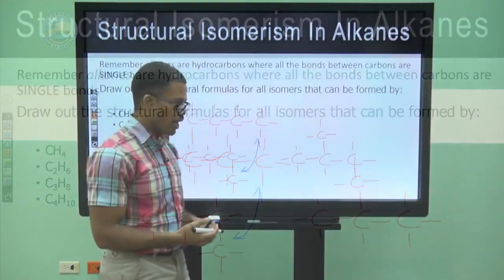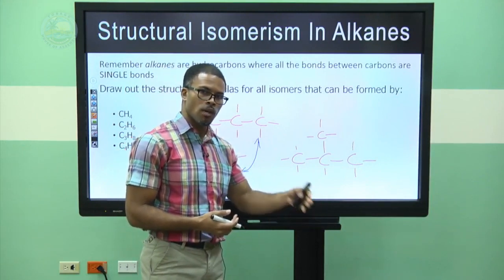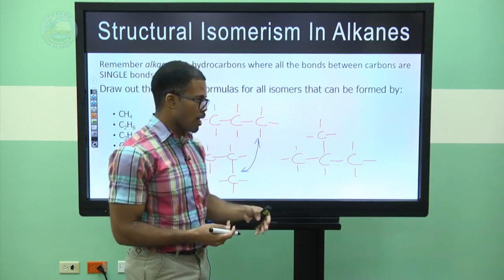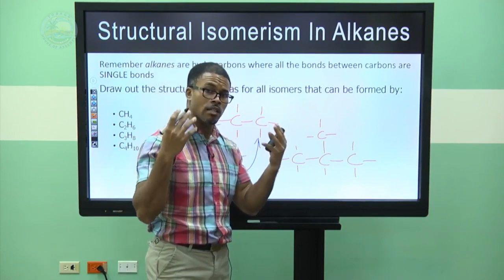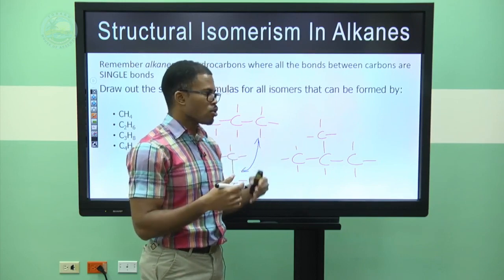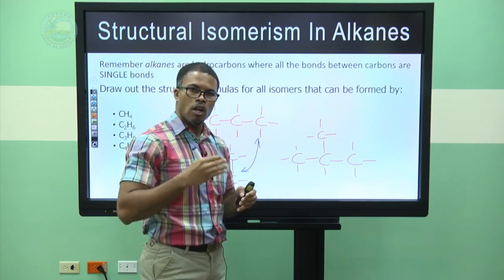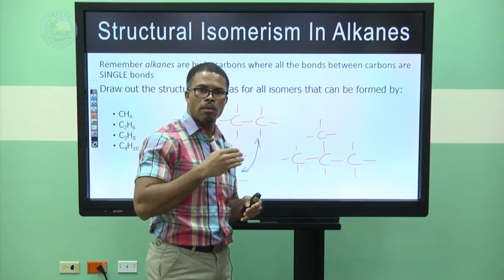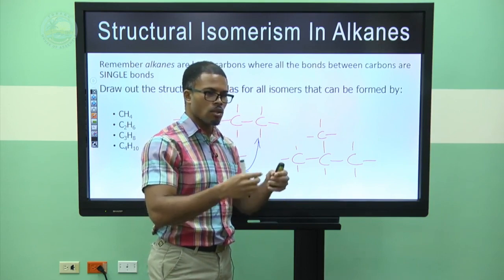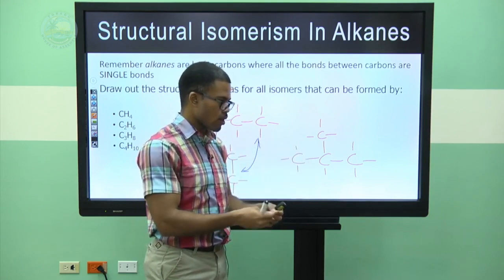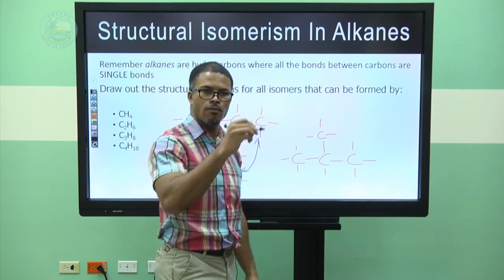We seek to find the longest continuous chain. What do I mean by the longest continuous chain? I would use my pencil or my pen to draw an imaginary line, all right, through the compound, without making a reverse. It's like, say for instance, you're doing a maze, and you cannot raise your pencil and it can't go forward or backward.